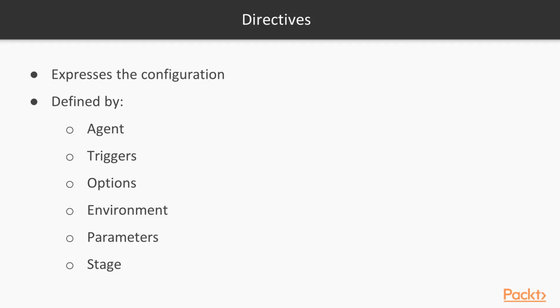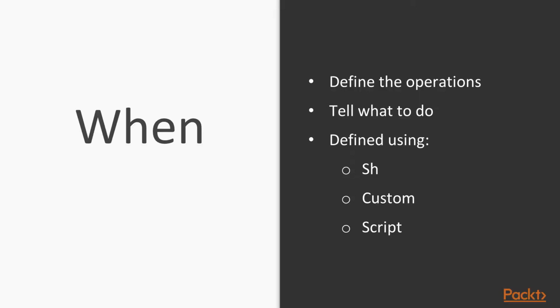Environment defines a set of key values used as environment variables. Parameters define a list of user input parameters. Stage allows for logical grouping of steps. And the last one is when. This determines whether the stage should be executed depending on the given condition.